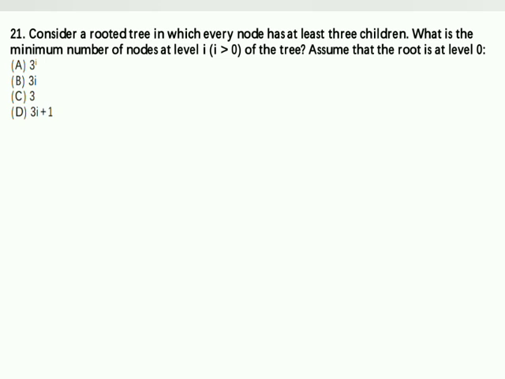Consider a rooted tree in which every node has at least 3 children. What is the minimum number of nodes at level i greater than 0 of the tree? Assume that the root is at level 0. So we have to consider a tree in which every node has at least 3 children. That means at minimum the node has 3 children: 1, 2 and 3.